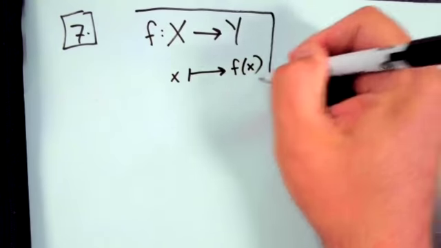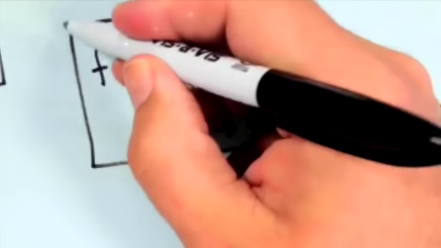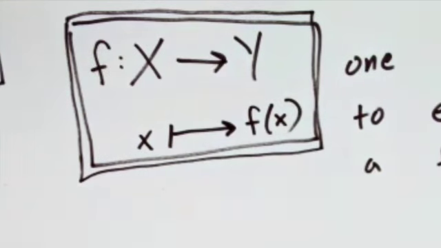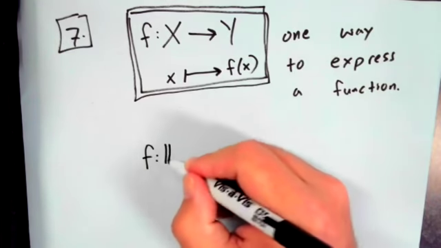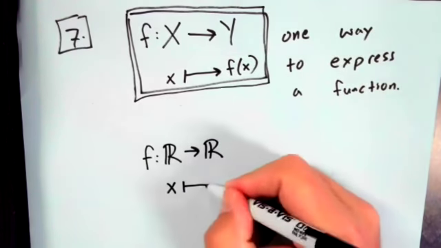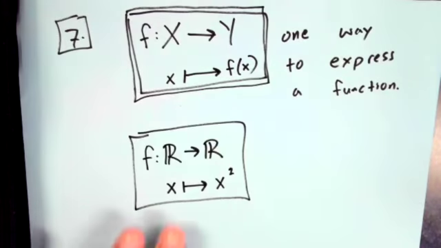This is one way to express a function. So can someone give me a familiar example that might fit this pattern? X squared. If we said f from the real numbers to the real numbers, x maps to x squared, this would be a perfectly valid description of a function.